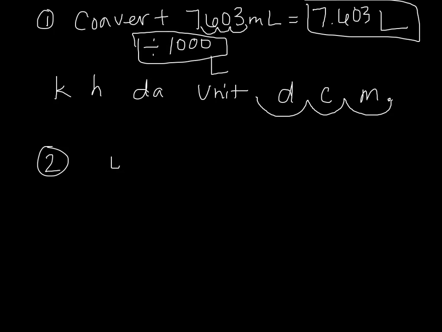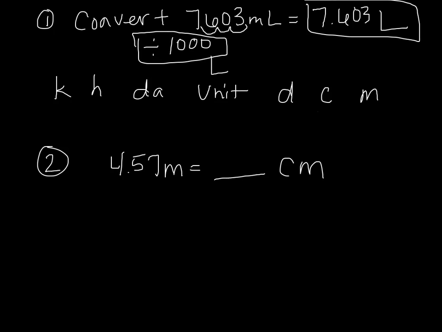Convert 4 and 57 meters into centimeters. Okay, so right now, I'm going to erase these so we don't get confused, our little jumps. So right now, my decimal point, we always put it to the left of what it is. So my decimal point right now is here, meters.